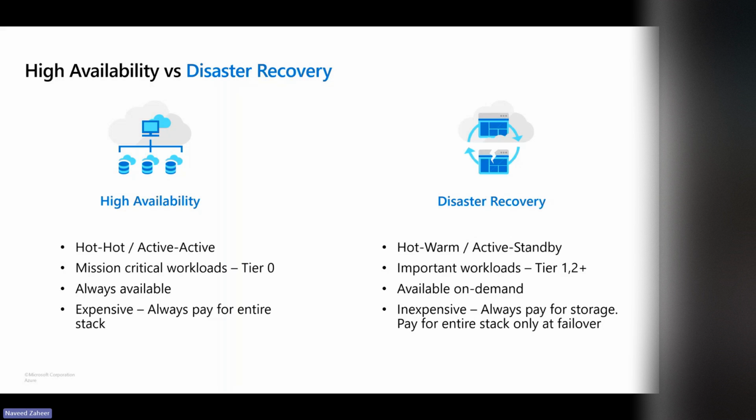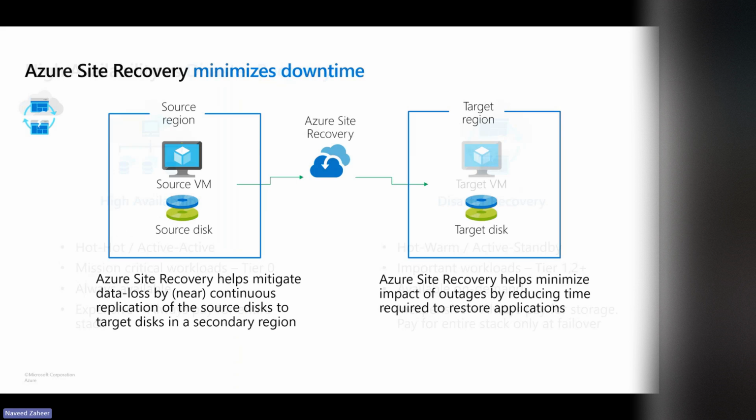If the original site failed, you can fail over to the new site. Depending on the definition of mission critical, this will not be suitable for sites which have to be running all the time. But for tier one, tier two sites, depending on your requirement, it will be a good fit.